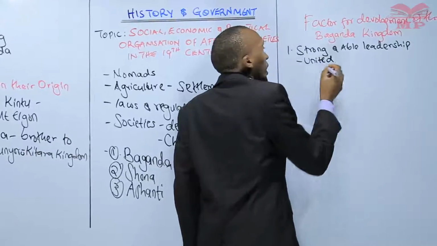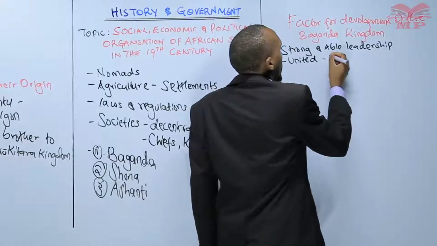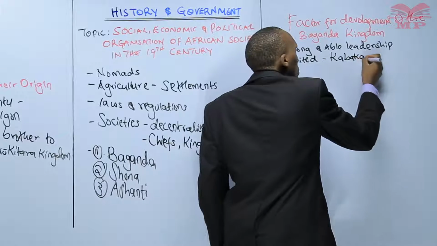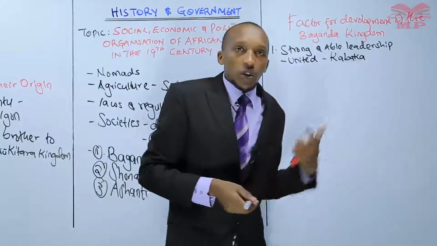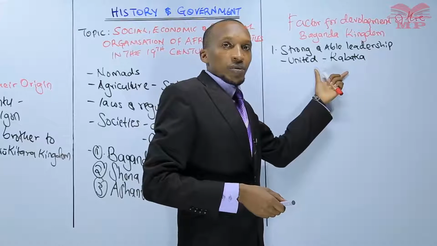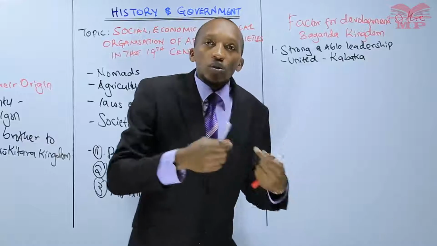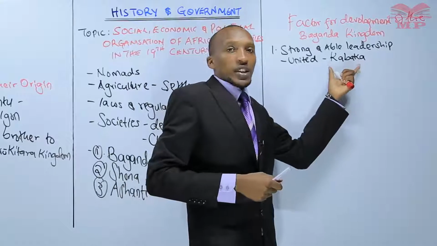They had a central leadership, led by the Kabaka. As we are going to learn when we look at the political and social organization, the people of Buganda were united. They had a central man who was leading, known as Kabaka, the king.